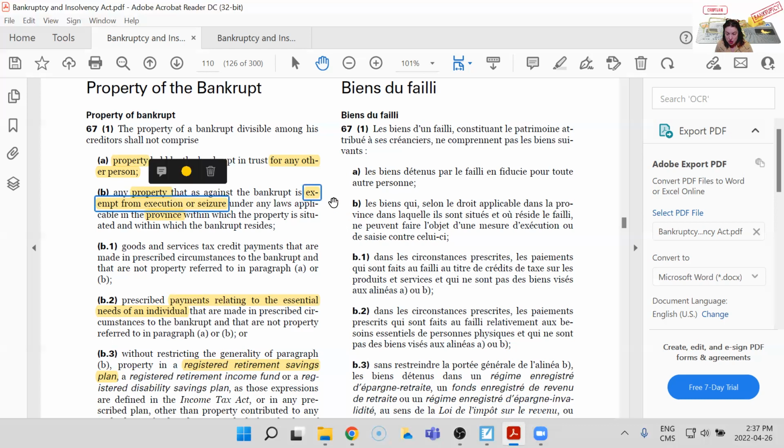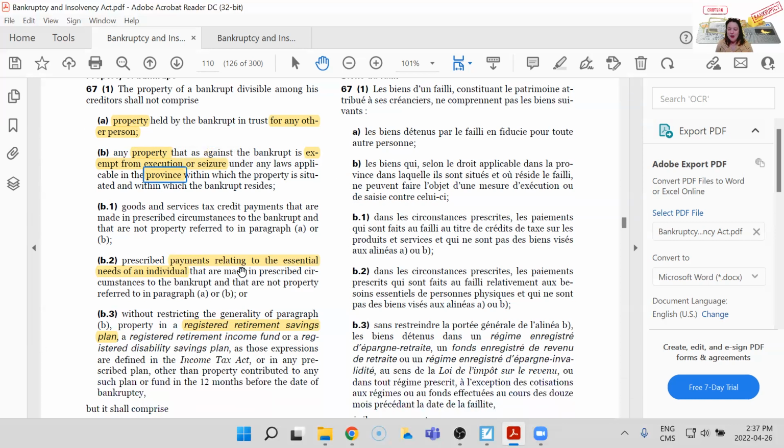Property that is exempted from seizure. Property is exempt from execution or seizure within the law in the province. For us in Quebec, it's under the CCP. Payment relating to the essential needs of an individual, for instance if a person receives money for disability. There are always exclusions under the CCP and under the enabling statutes for each circumstance, but some of them are exempted from seizure, thus exempted from bankruptcy.